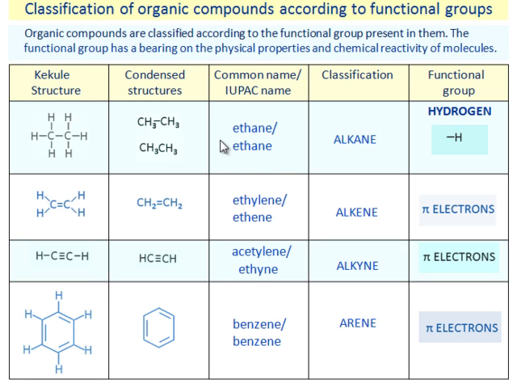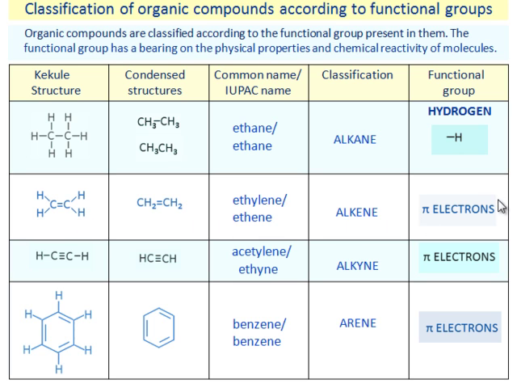It is important to study these compounds and know their functional group for mastering this chemistry. Class of compounds: alkane, exemplified by ethane. Functional group: hydrogen. Class of compound: alkene, exemplified by ethylene.